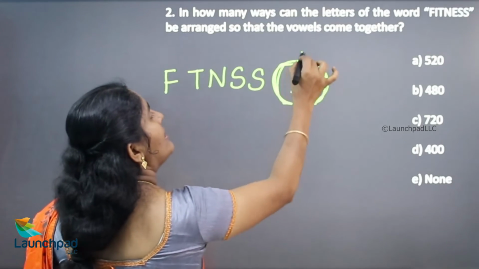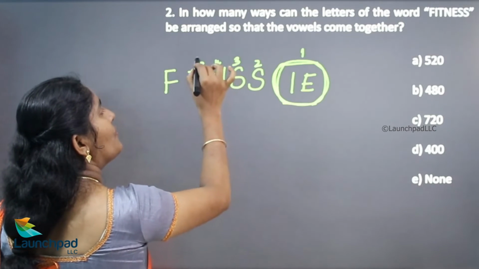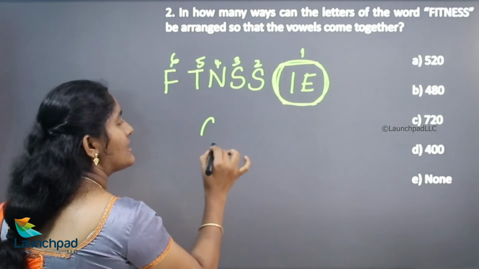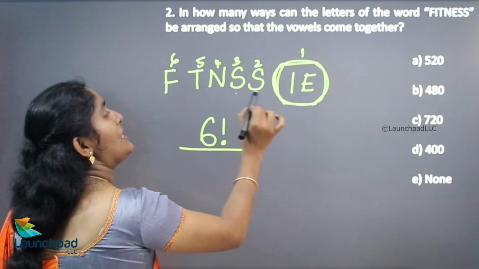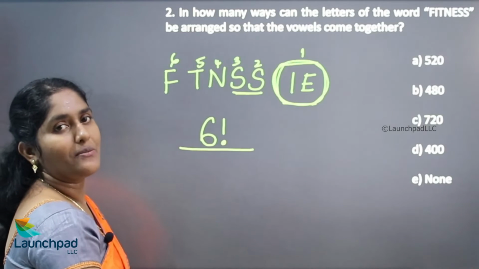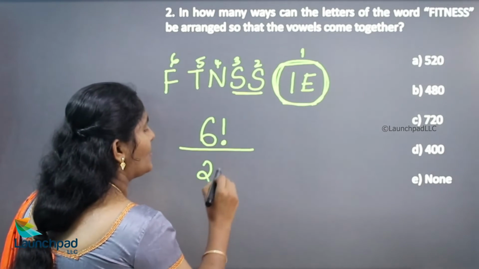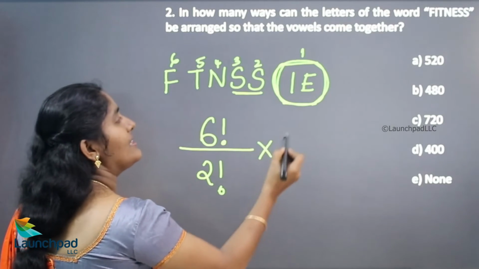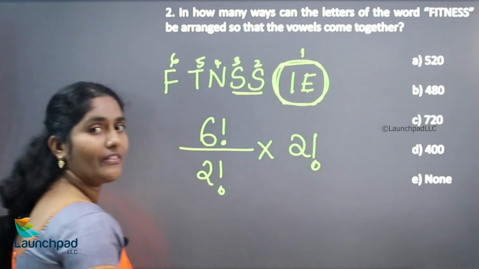So 1, 2, 3, 4, 5, 6, 6 factorial, divided by S, which occurs 2 times. S is repeated here, so 2 factorial, and this IE will be arranged in 2 factorial ways.